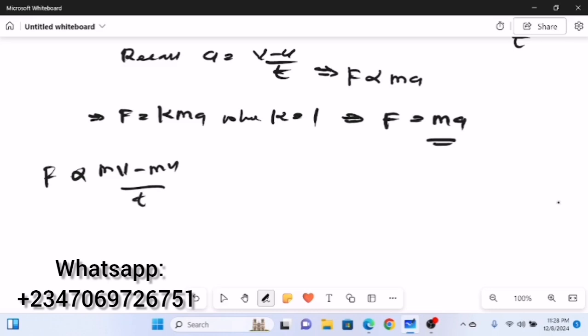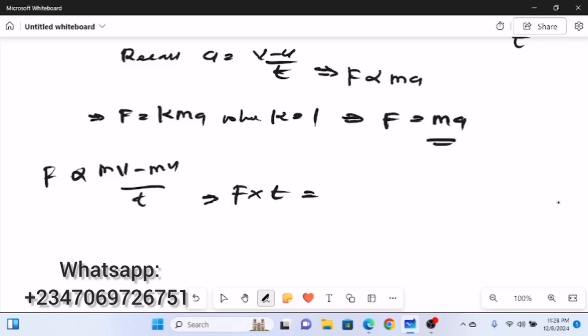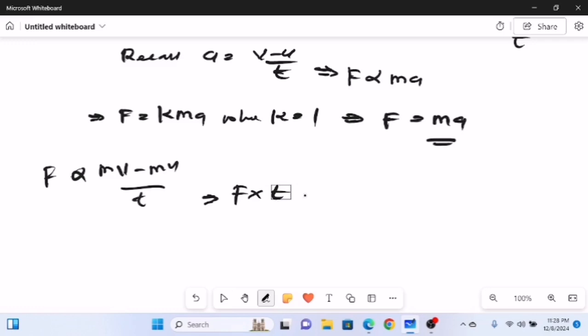Now let's multiply both sides by time. This implies that force times time is directly proportional to mv minus mu. Once again, let's introduce our constant to remove this proportionality sign.